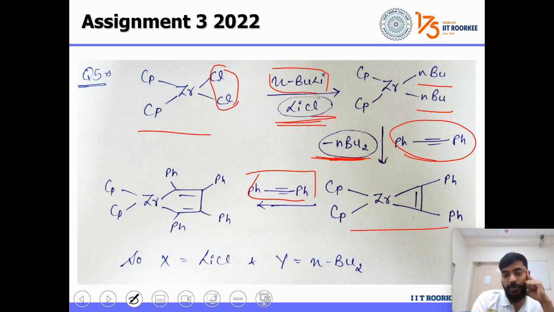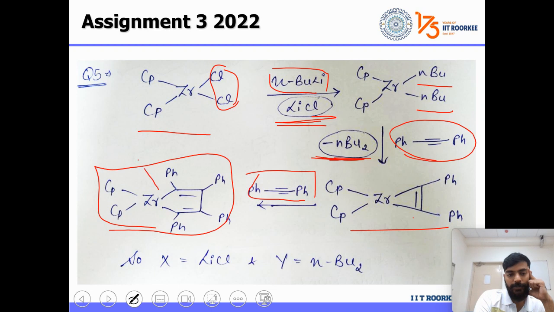But this product is not your product. One more insertion again, and this is the product. So what I have asked, after this product, if we have iodine, what will happen? This is a takeaway question for you. Take it home and find it in the books. The reference is again Elias, and tell me the answer.